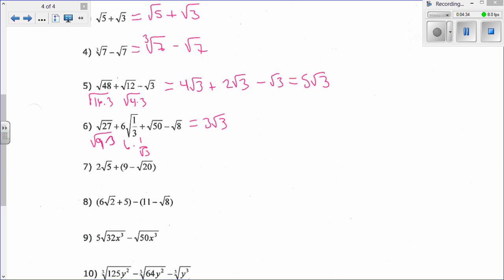And we learned in yesterday's video that you have to rationalize. So you have to multiply both by radical 3. So this is going to become plus 6 radical 3 over 3.